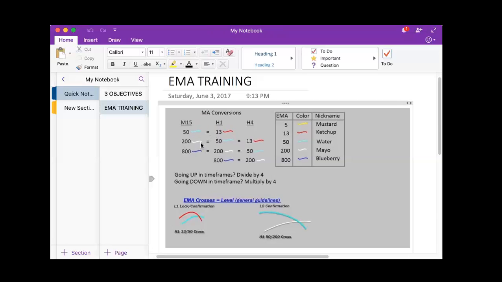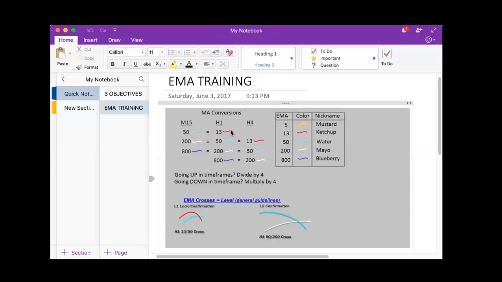Why will they convert over to these different EMAs on these higher time frames? Because, as I said before, when you're going from the 15-minute to the hour, it's a wider spectrum. So these are going to seem closer to the price. Looking at the 15-minute, they're going to be a little further away from the price, because it's a closer view.